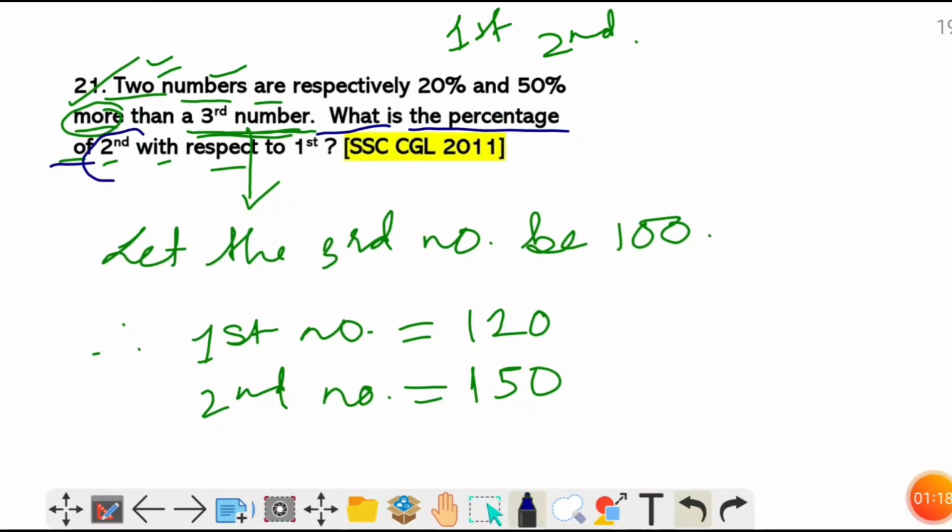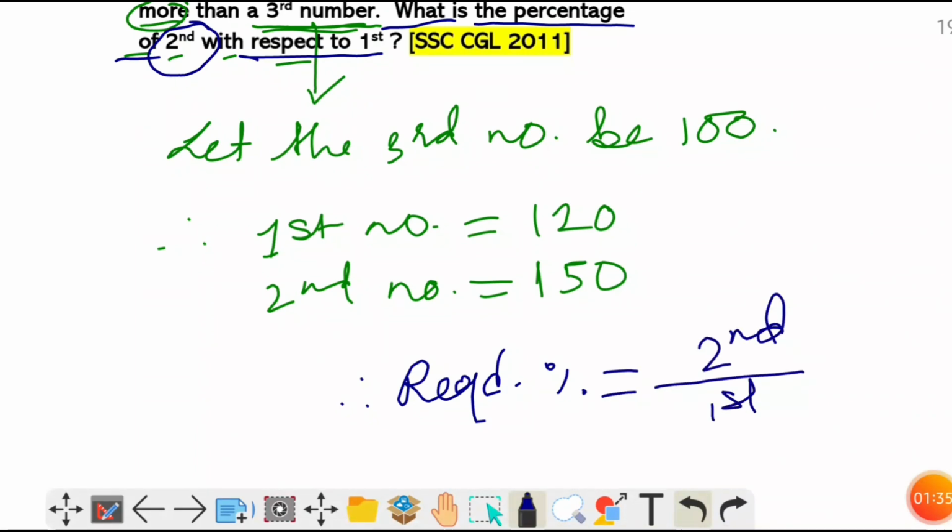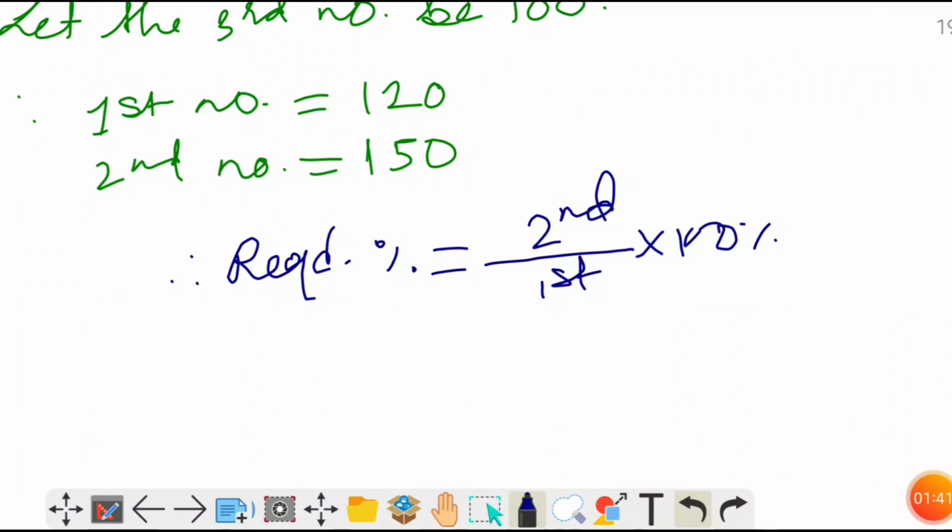Now we have to find the percentage of the second with respect to the first. So the required percentage will be the second number divided by the first, into 100%. Here the second number is 150 and the first number is 120, into 100.